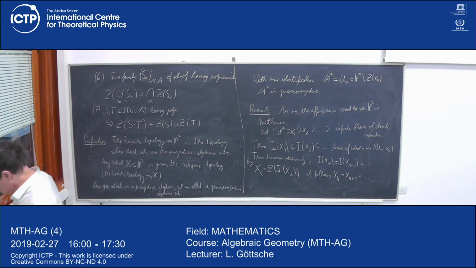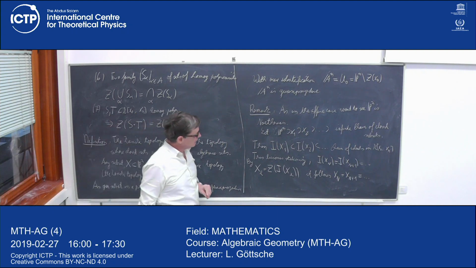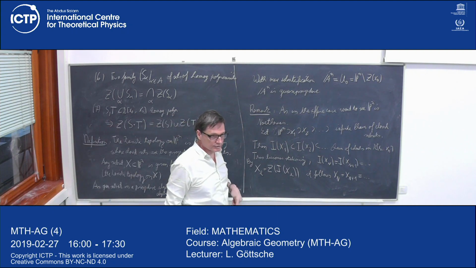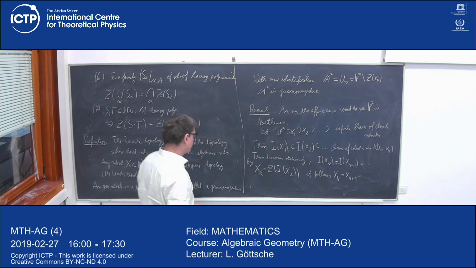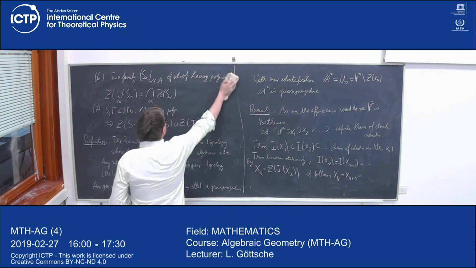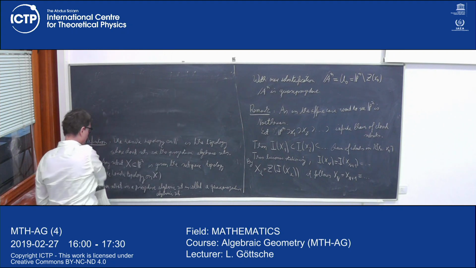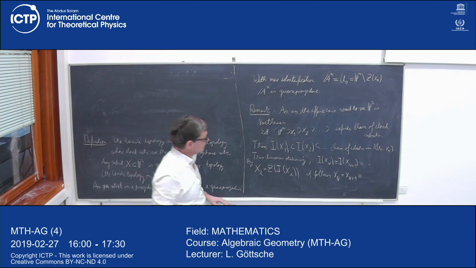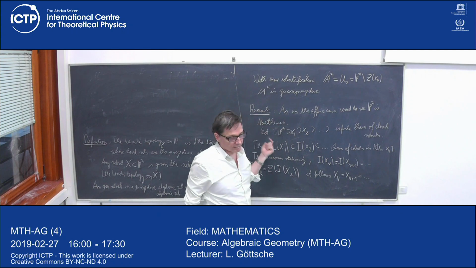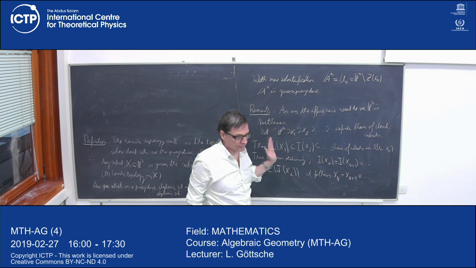And then we had this theorem that every Noetherian topological space has a unique decomposition into irreducible components. But maybe let me first say one more thing. We have seen that every subset, with the induced topology, of a Noetherian topological space is Noetherian.